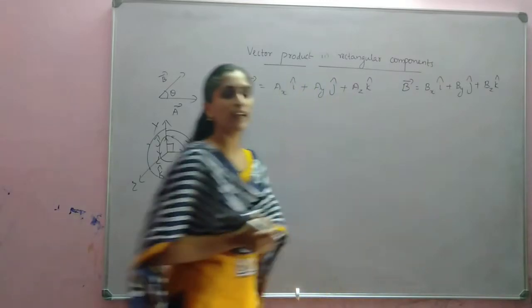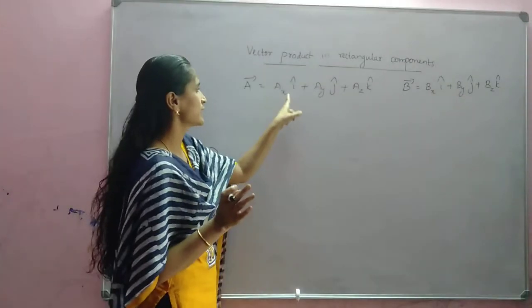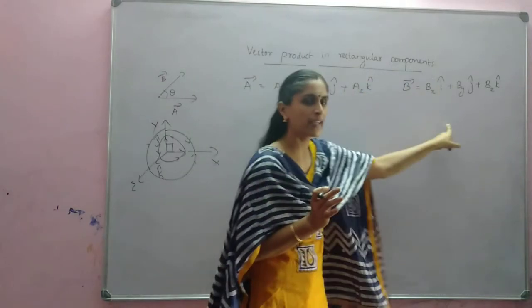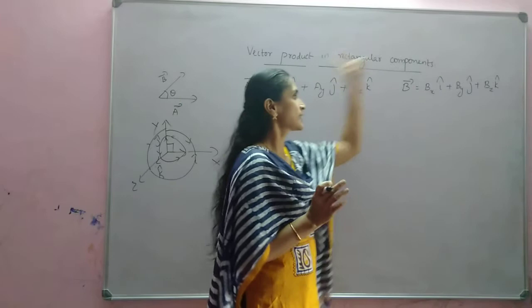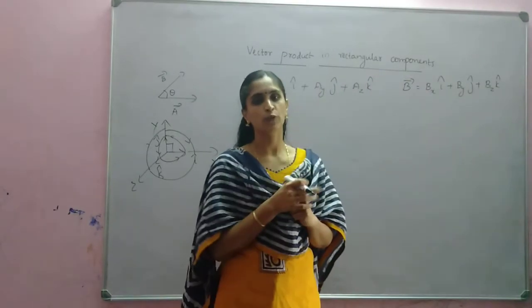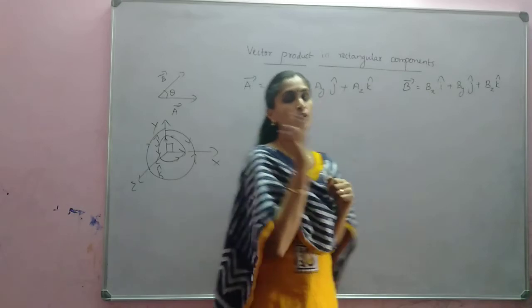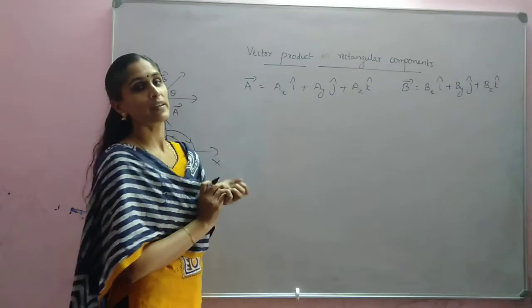So we have to find A cross B. What we have to do? We have to find each term: Ax i cross Bx i plus Ax i cross By j plus Ax i cross Bz k, and like that each term we have to do. For that, an easier method is there, known as the determinant method.